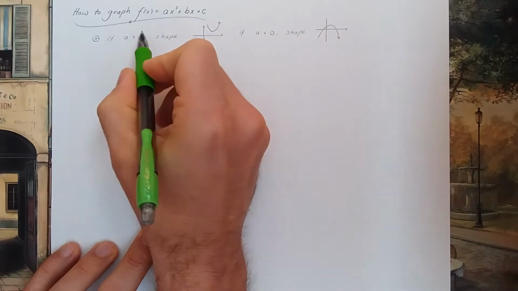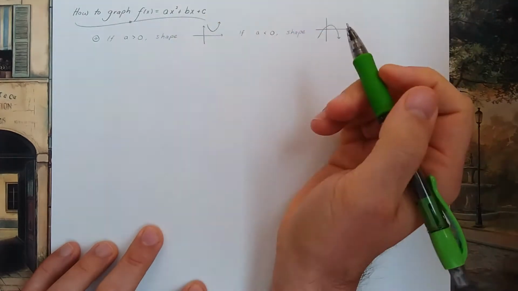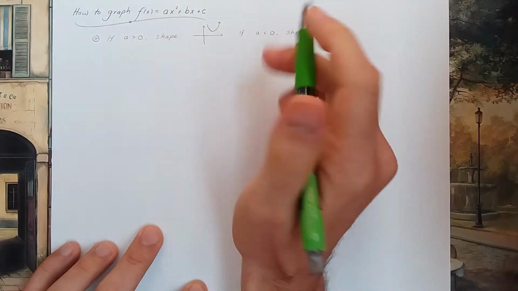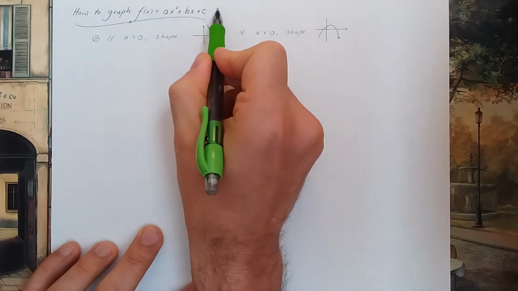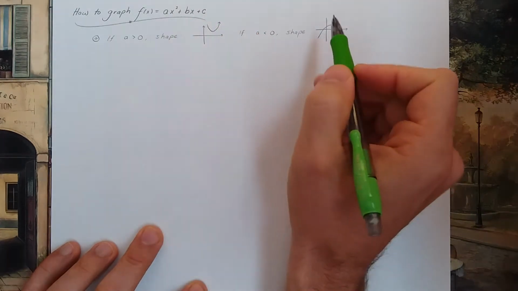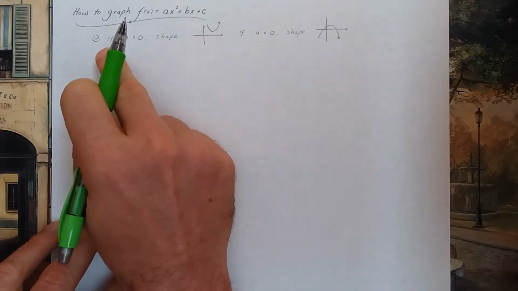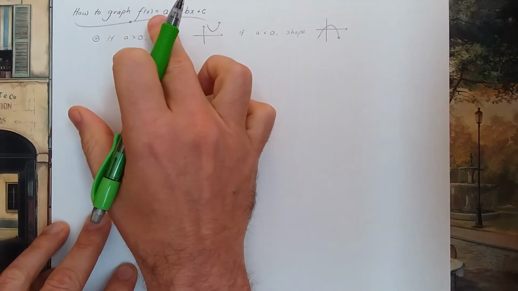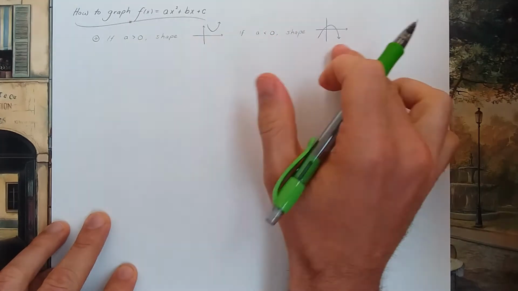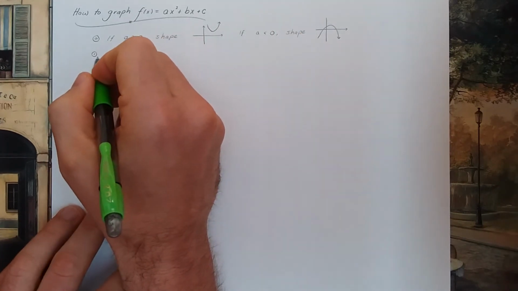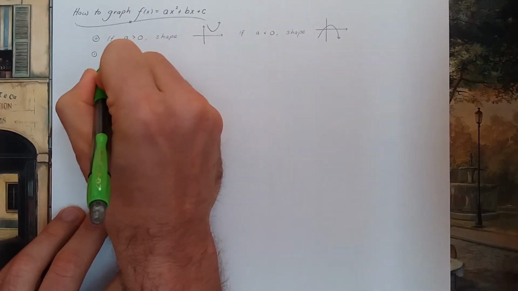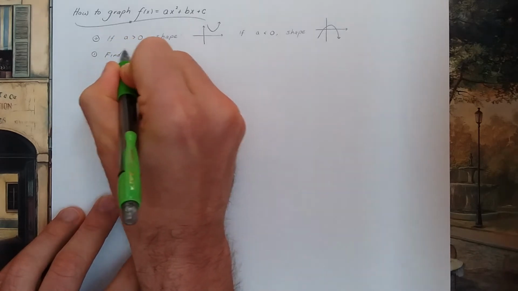If a is equal to 0, I don't actually have a parabola because this term wouldn't be there and I'd find a line. So I'm not going to cover that in this video. So that's step 0. I'm just going to look at the constant in front of x squared and determine the basic overall shape.